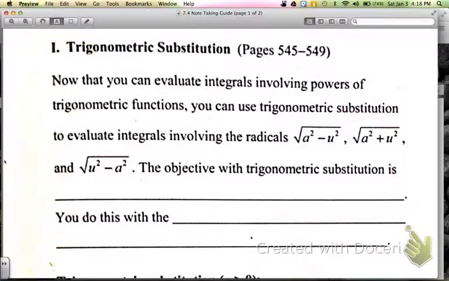So our goal for these integrands, the objective with the trigonometric substitution, is to eliminate the radical in the integrand.